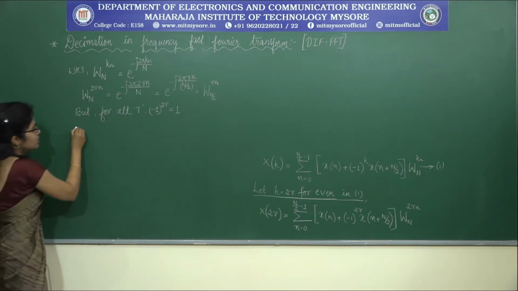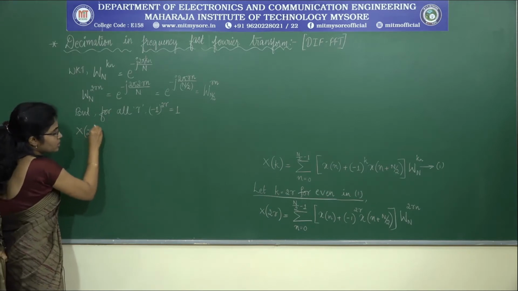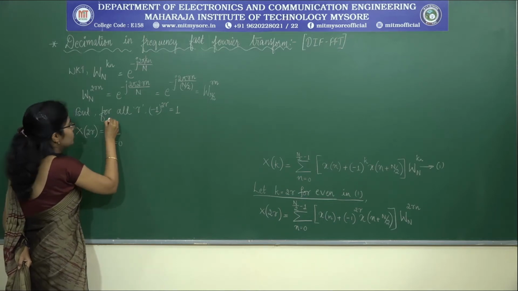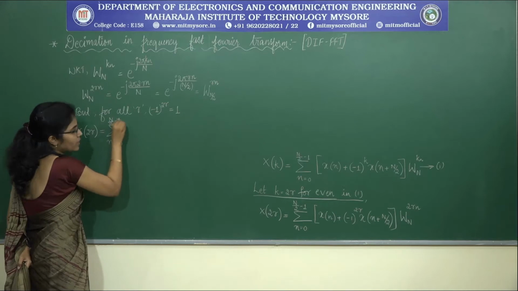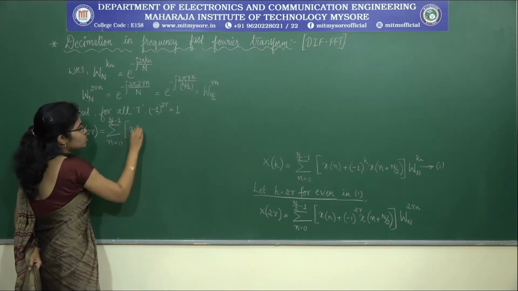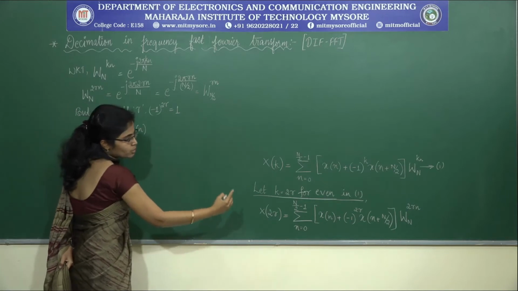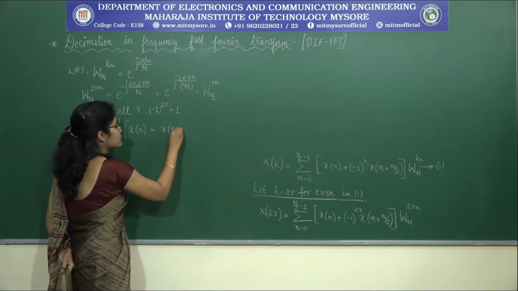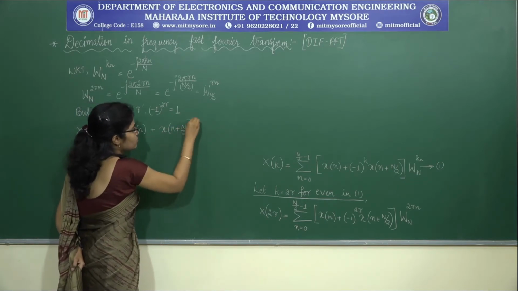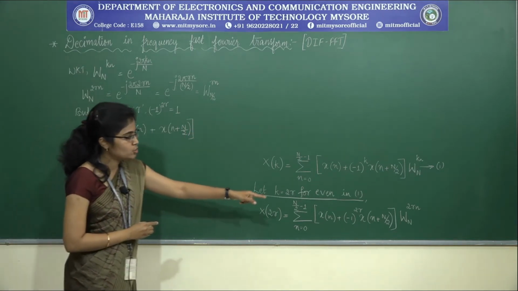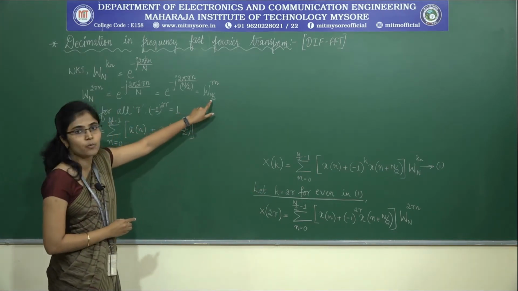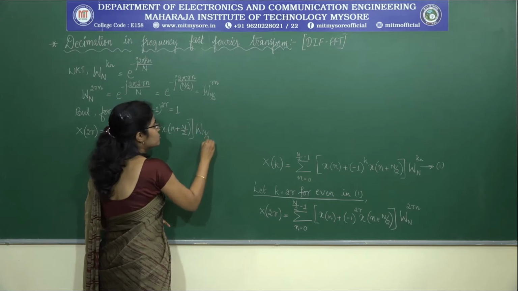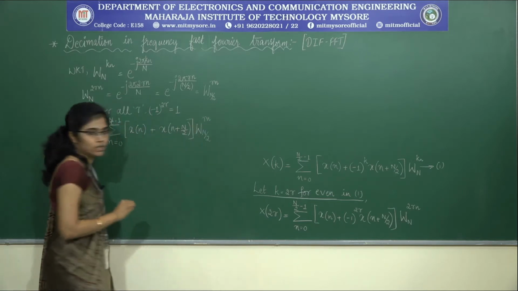So if I substitute, x of 2r will be equal to summation n ranges from 0 to n by 2 minus 1 of x of n, instead of minus 1 to the power of 2r I can substitute plus 1, into x of n plus n by 2 into, instead of omega n to the power of 2rn, I need to substitute omega n by 2 to the power of rn. Okay.